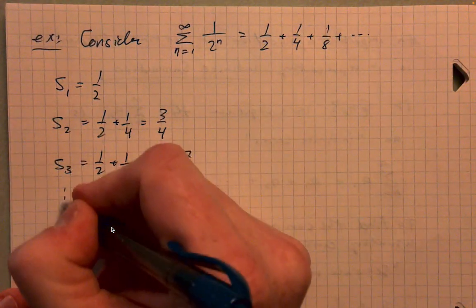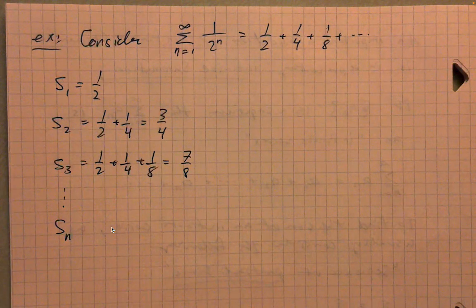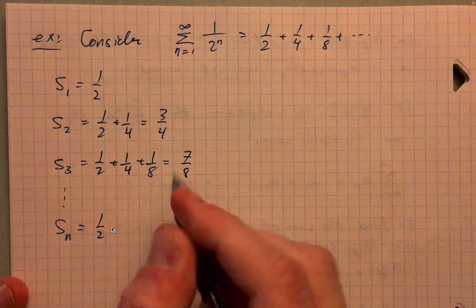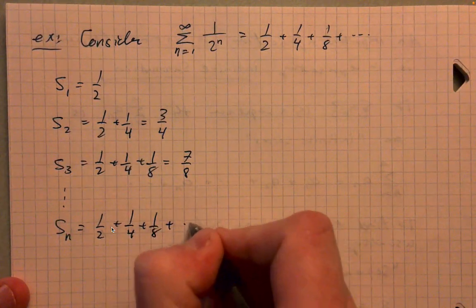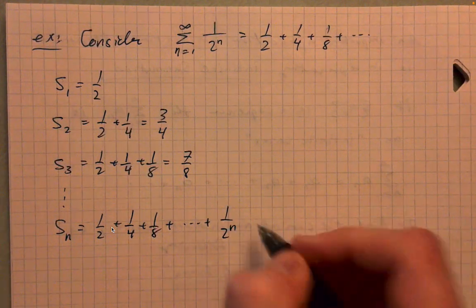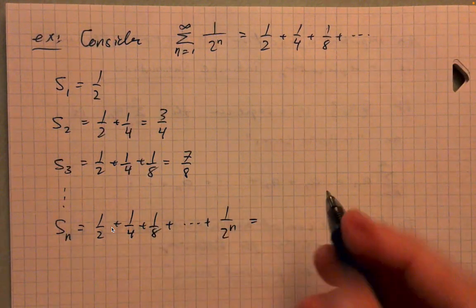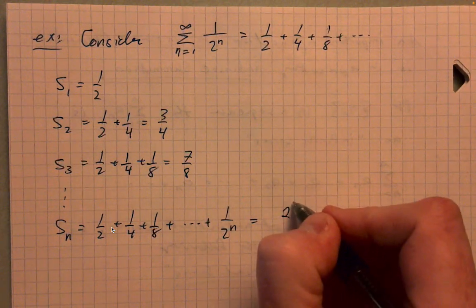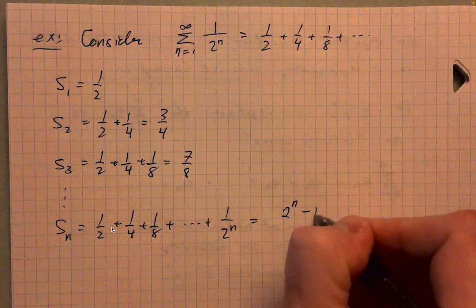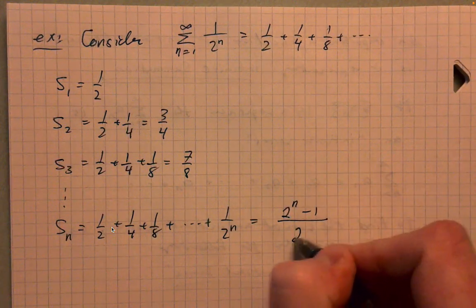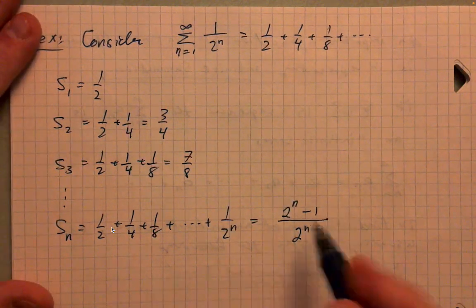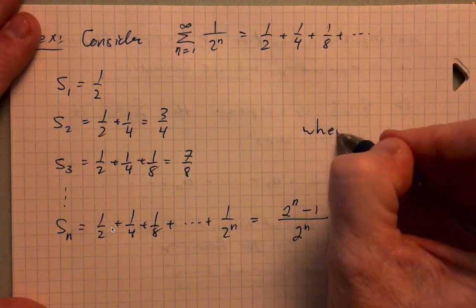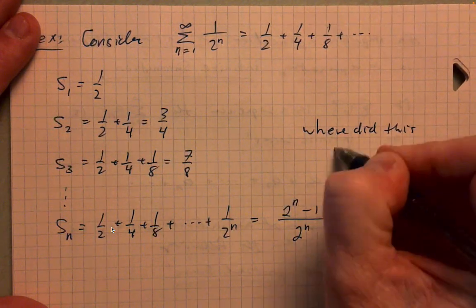And so on. Then Sn, which would be equal to 1/2 plus 1/4 plus 1/8 plus ... plus 1 over 2 to the n, it turns out that that is going to be equal to (2 to the nth power minus 1) over 2 to the nth power. Now you may be saying to yourself, whoa, where did this come from?